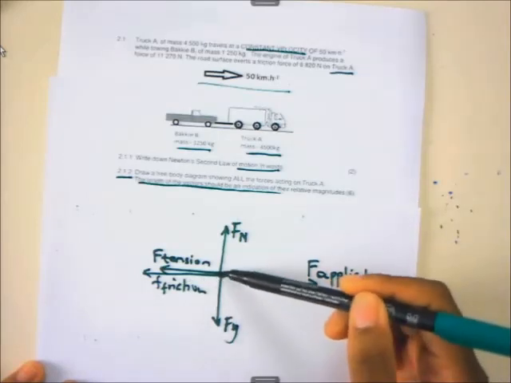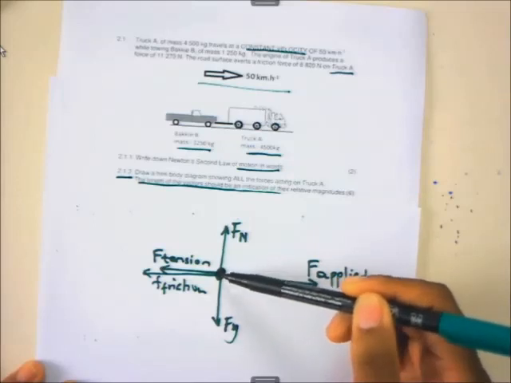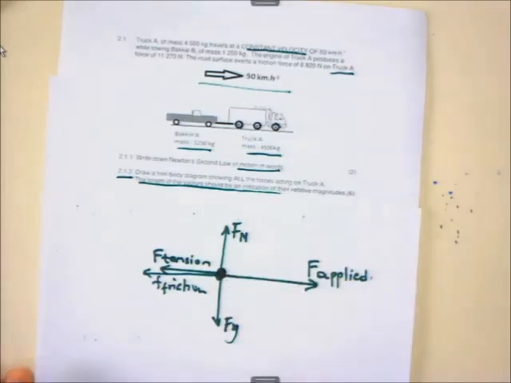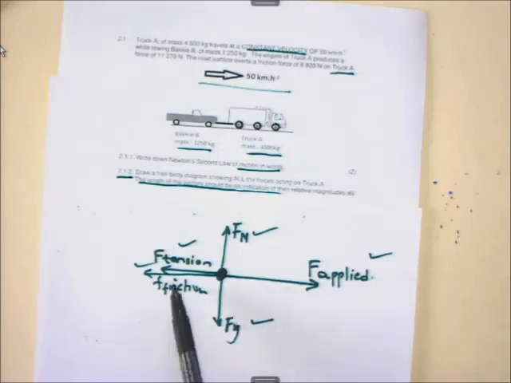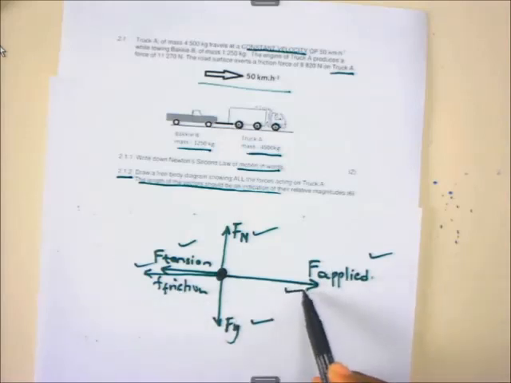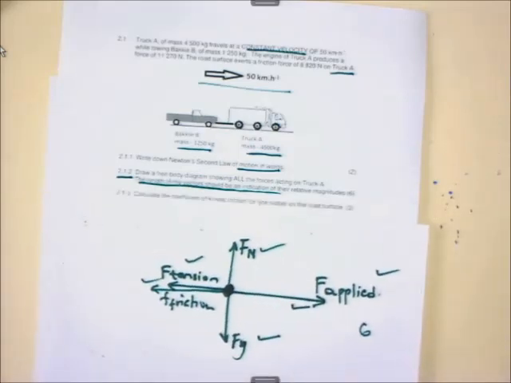These two lines must be parallel to one another, and all your forces must be attached to the dot. Then you will get 1 mark for each, and also another mark for not having the same length of the forces. Then you will get those 6 marks for just identifying the forces acting on the object.